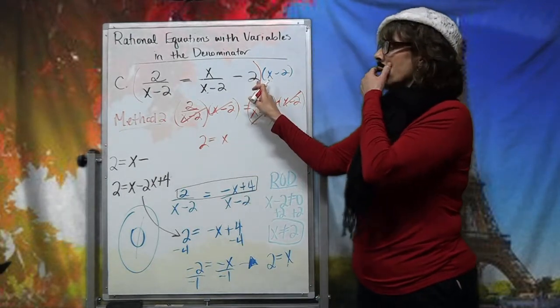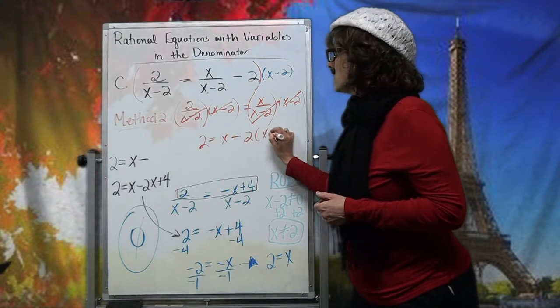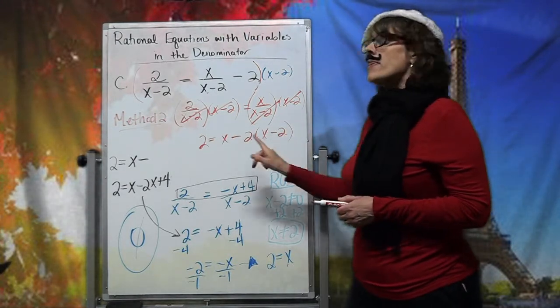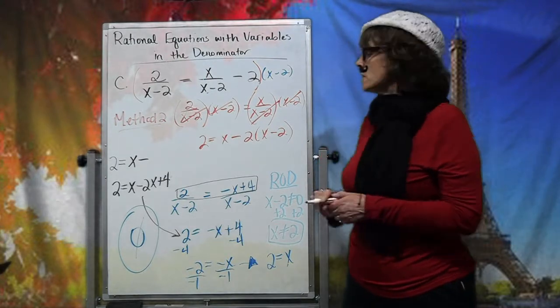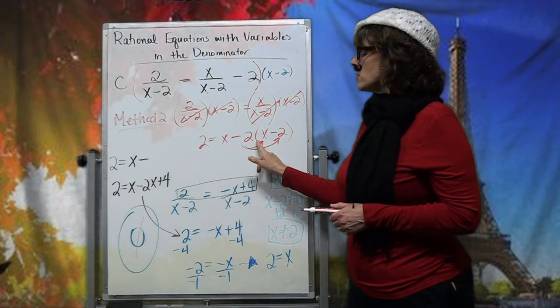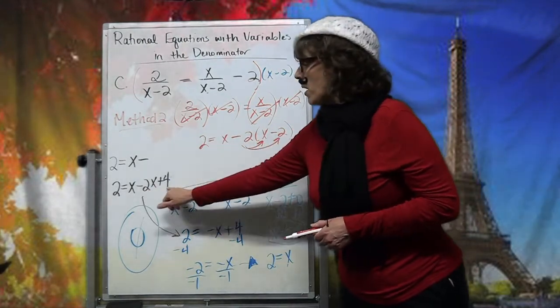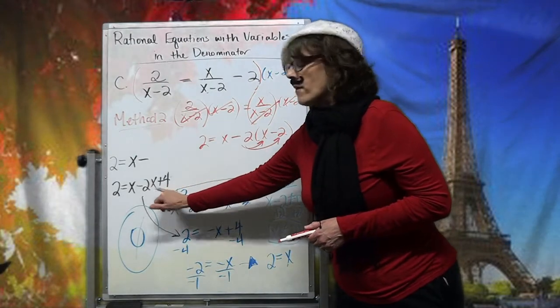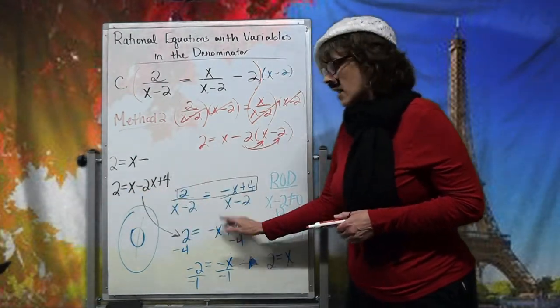But when I multiply here in the back, nothing will cancel at all, and I'm left with a minus 2 times x minus 2. This is an equation that's pretty easy to solve, because at this point I'm going to distribute that negative 2 through. When I distribute a negative 2 through here, I get a negative 2x. When I distribute the negative 2 here, I get a positive 4. And now I've got this equation. And when I take an x minus a 2x, I get a negative x.